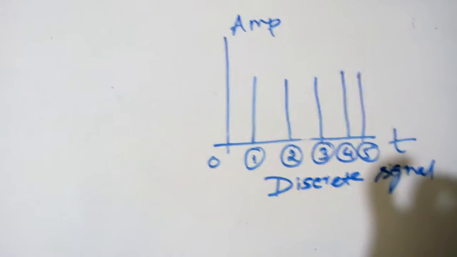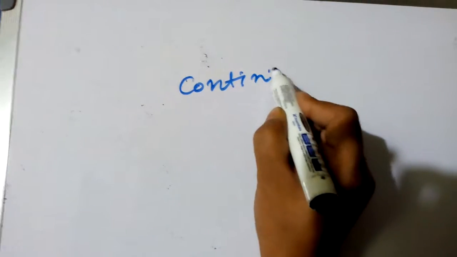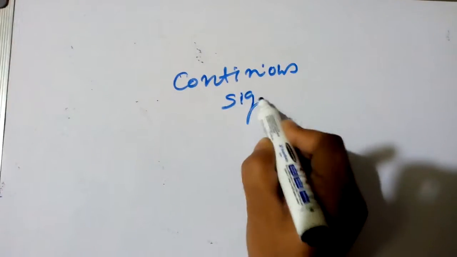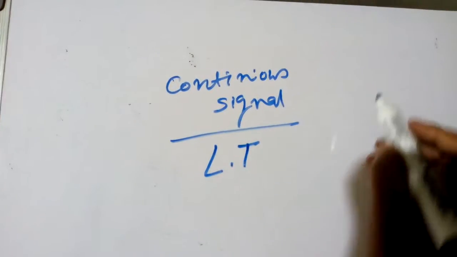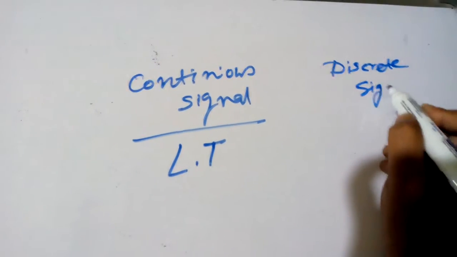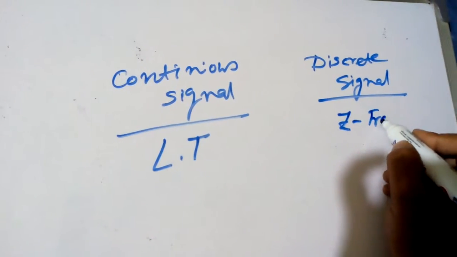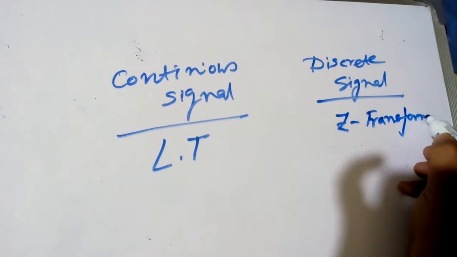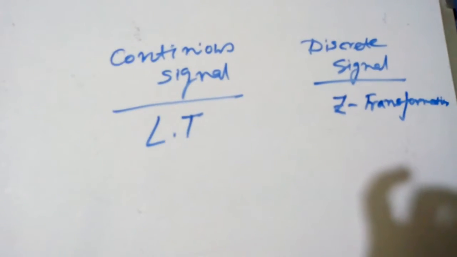So in the case of continuous signals, we use the Laplace transformation method, and in the case of discrete signals we use the Z transformation method. Clear? Z transformation method.